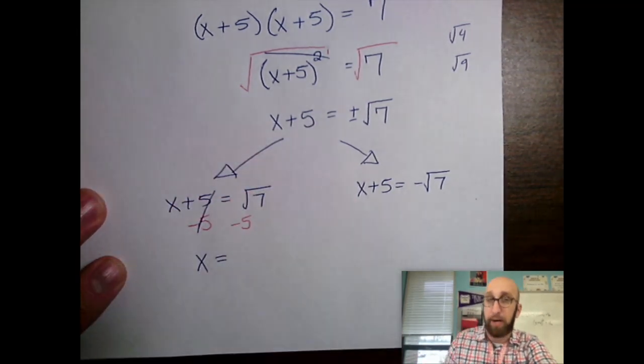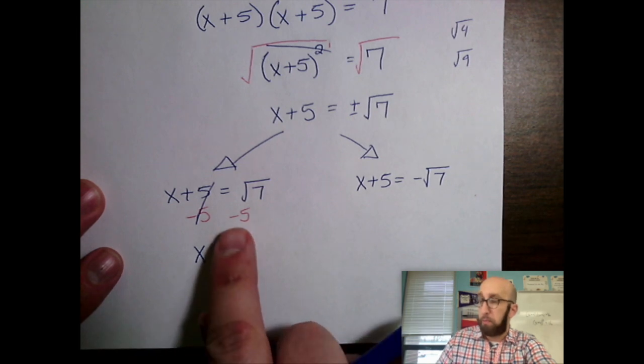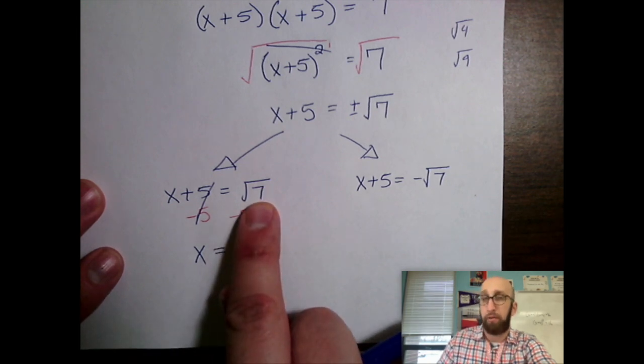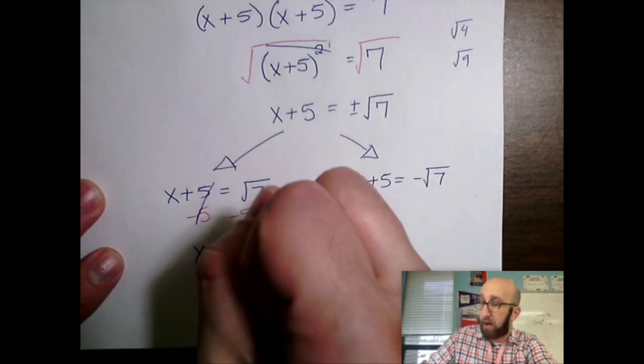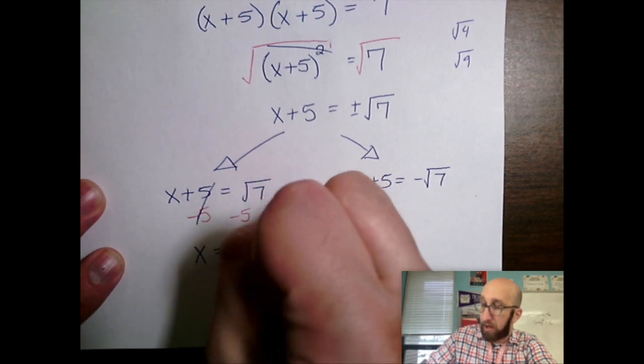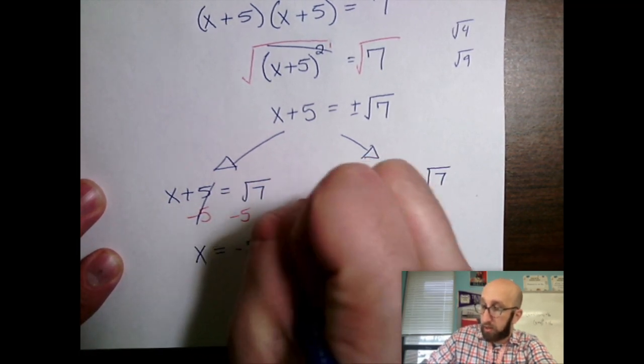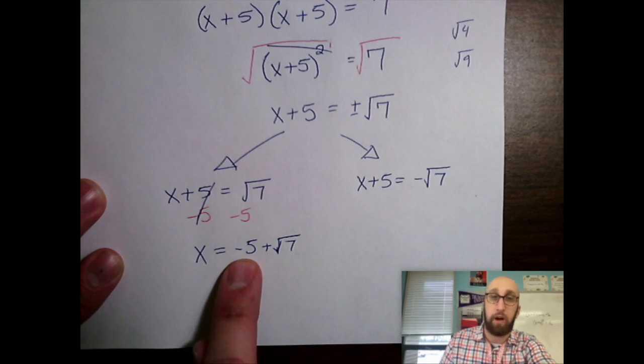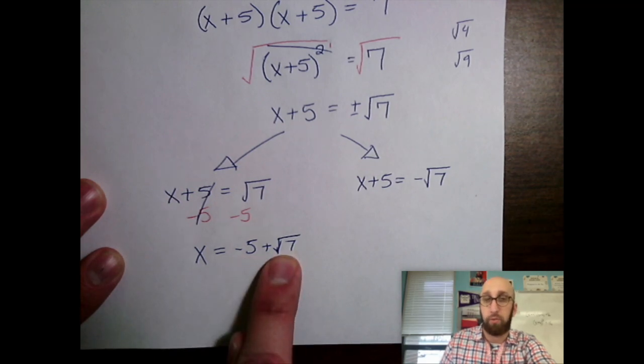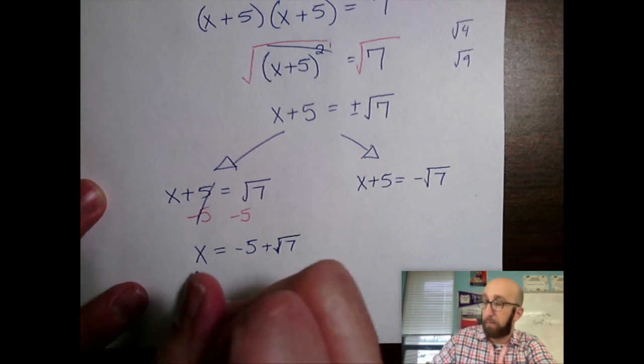We get our x by itself, which is our goal, but we have a negative 5 and a positive square root of 7. They are not like terms, so I'm going to leave the negative 5 alone and the positive square root of 7. We're going to leave them separated.